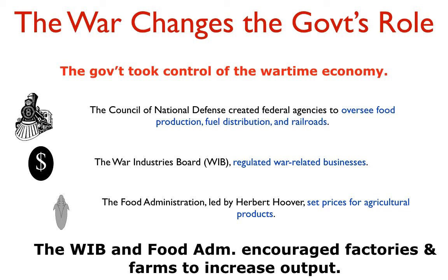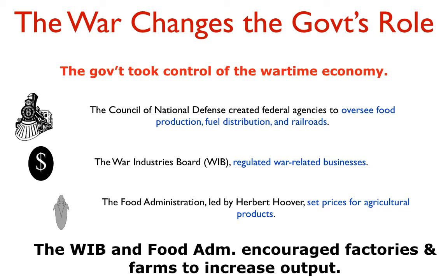So we see that they create federal agencies to make sure that people were creating enough food, producing more gas and oil, and to make sure that railroads were properly priced so that goods could get from factories to ships on the seaboard.